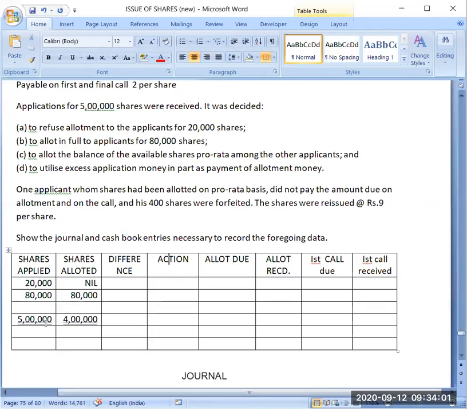Five lakh total applications, and the question has given us information regarding 1 lakh applications. So the rest of the number of applications will be how much? Four lakh.